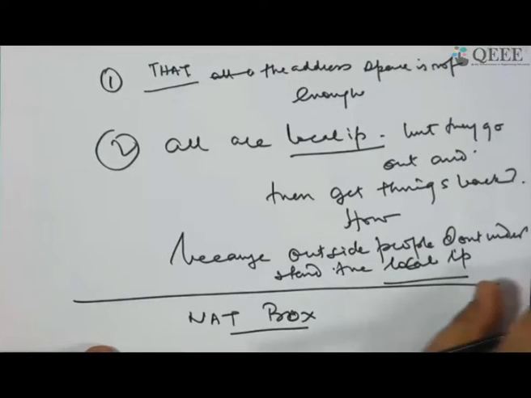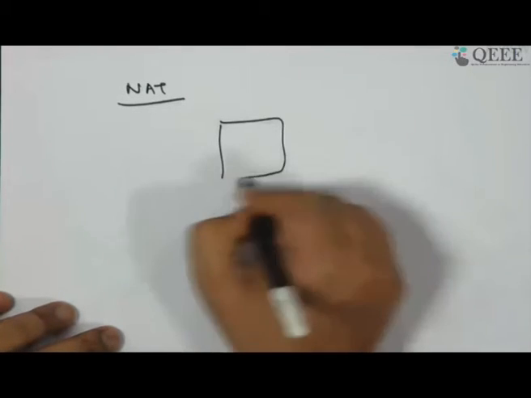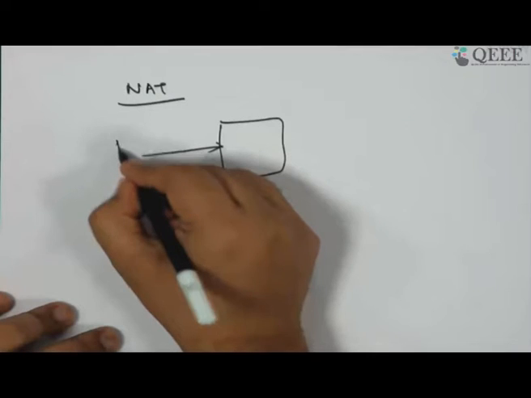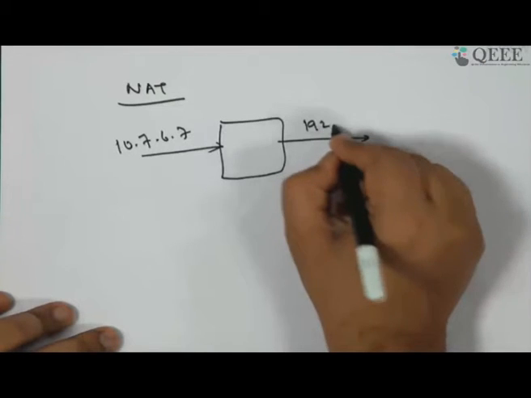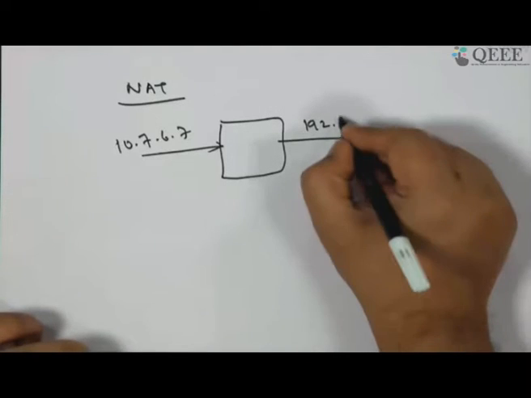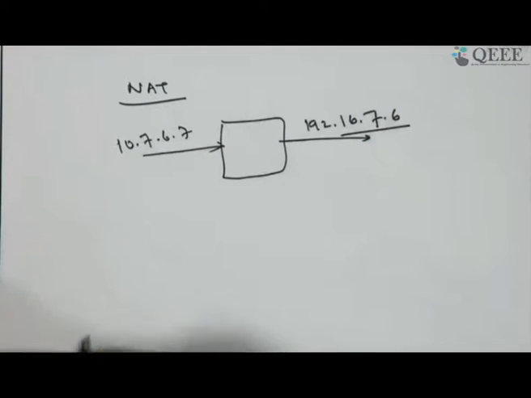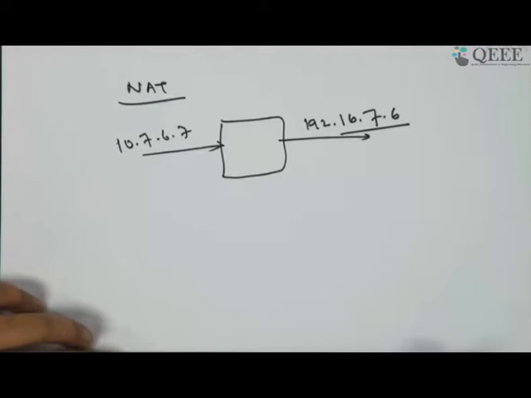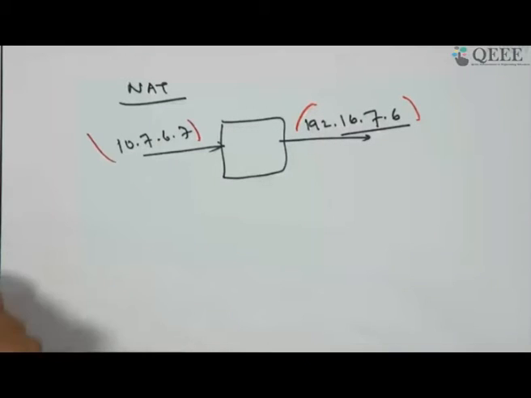So what is a NAT box? A NAT box is network address translation. So what is happening? You have 10.7.6.7 and it will convert it into 192.16.7.6.